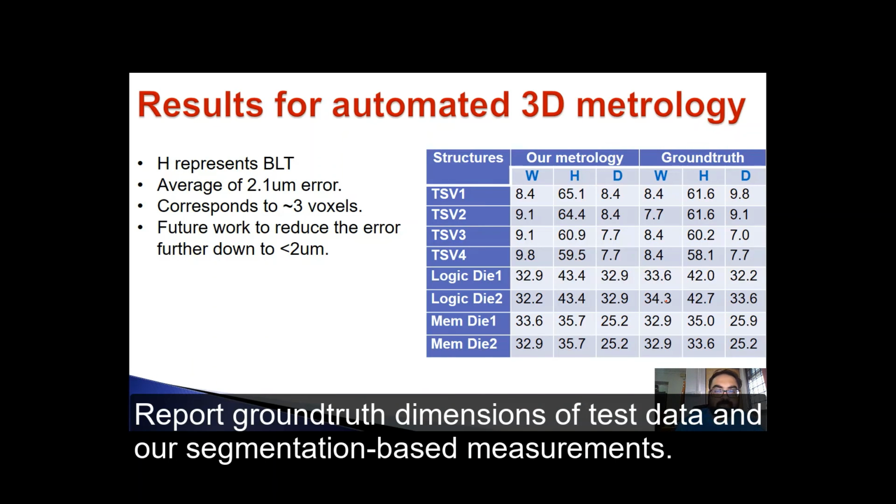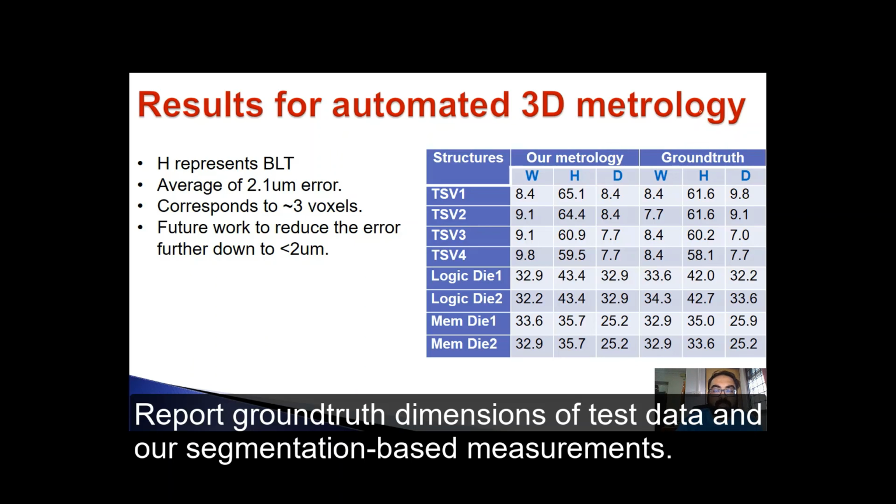So now we report our results for 3D metrology. Essentially we measured the ground truth dimensions of these structures, and then, without manually measuring anything, given some data we ran our object detector, then ran our segmentation, and then performed our 3D metrology to get the dimensions. So we are comparing those two directly over here.